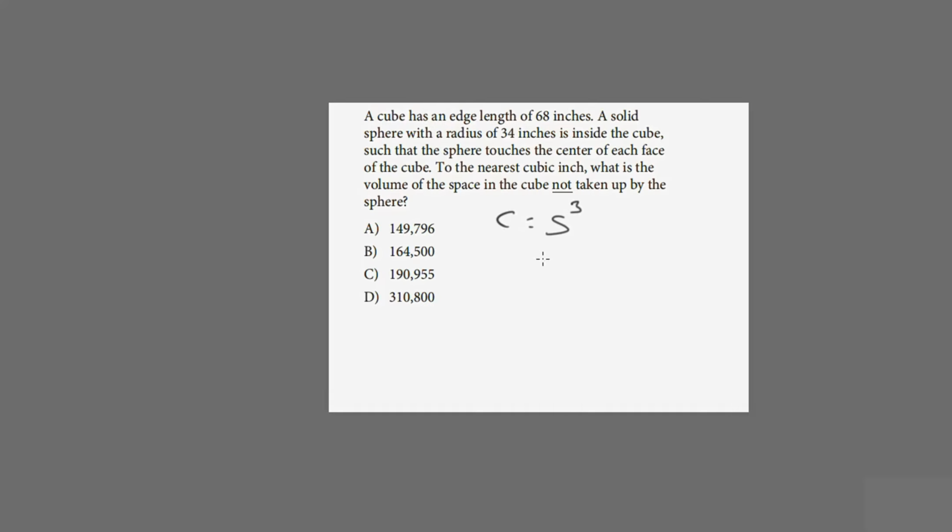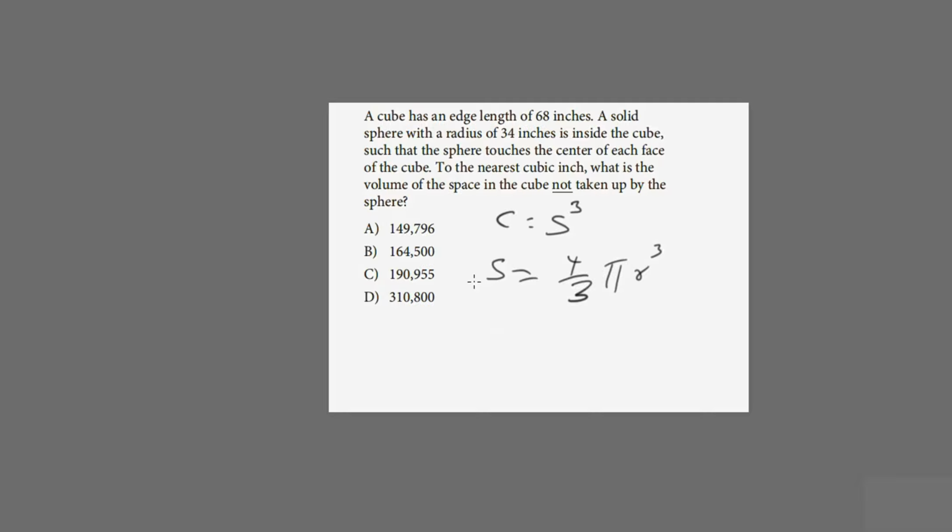Whereas the volume of a sphere is 4/3 pi r cubed. Now, we ask what is the volume of the space in the cube not taken up by the sphere.